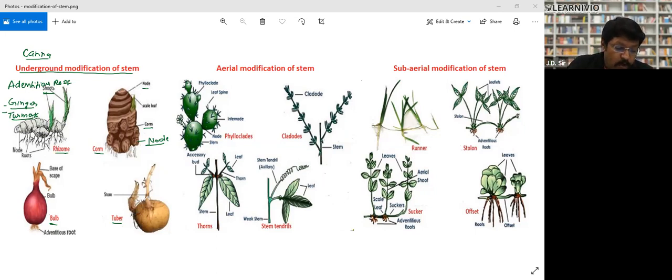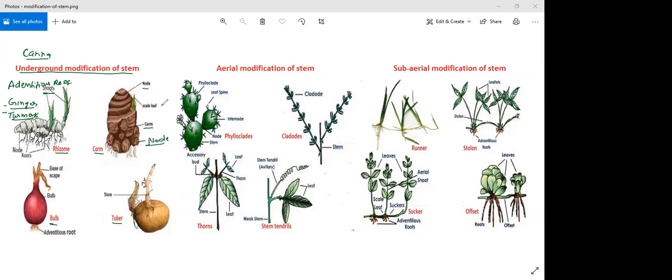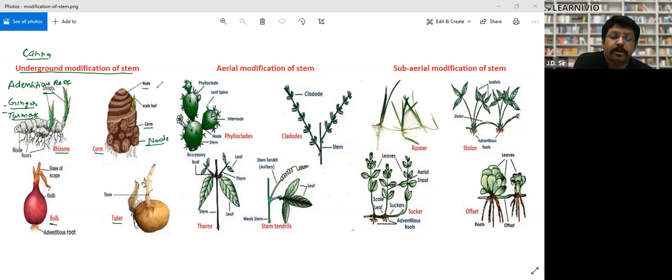Corm remains dormant in unfavorable condition. Full stop.